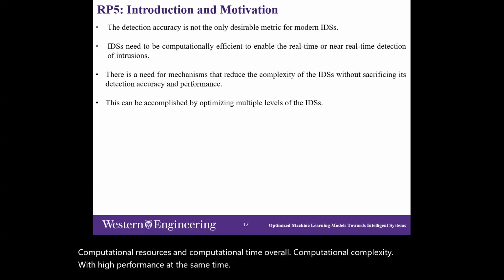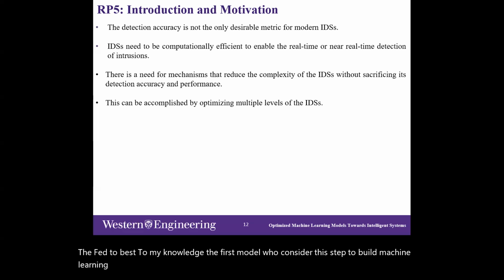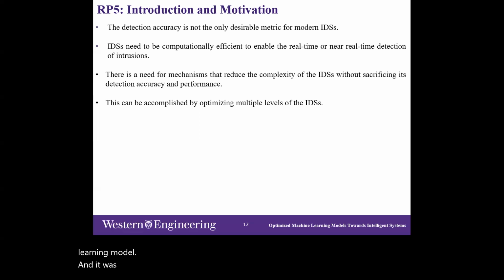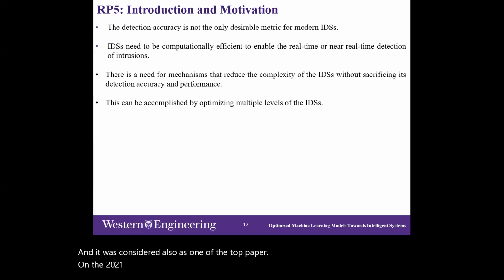How to achieve this? This led me to build a novel model, the first, to the best of my knowledge, to consider this step in building a machine learning model. It was published in IEEE Transactions on Network and Service Management, and it was also considered one of the top papers of 2021.